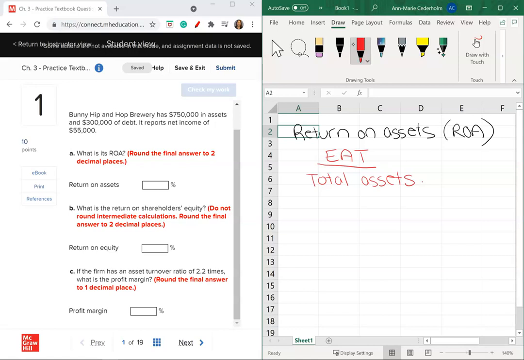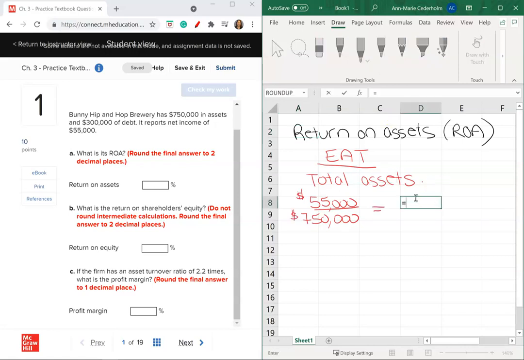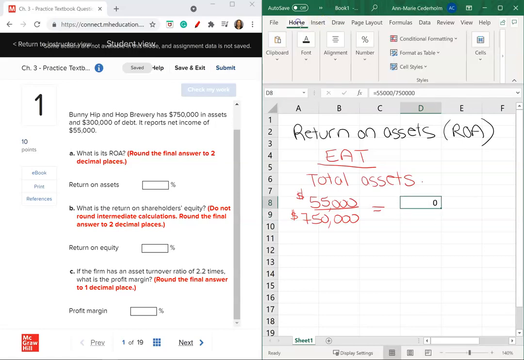So the question says the reported net income is $55,000. So I'll put that in here, $55,000. And my total assets are $750,000. And so when we work that out, 55,000 divided by 750,000, and I'll just round this to 2 decimal places.